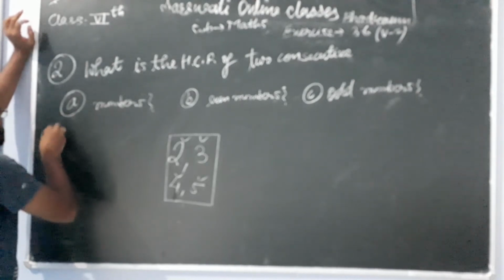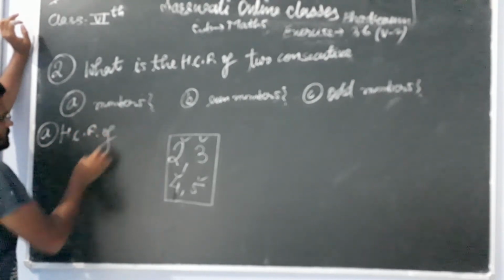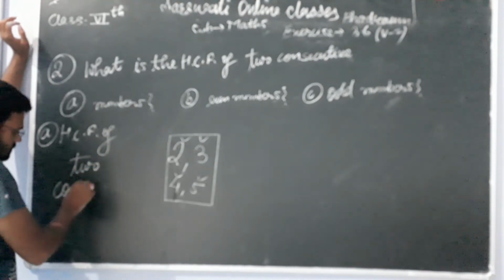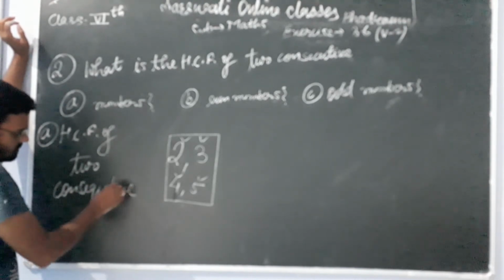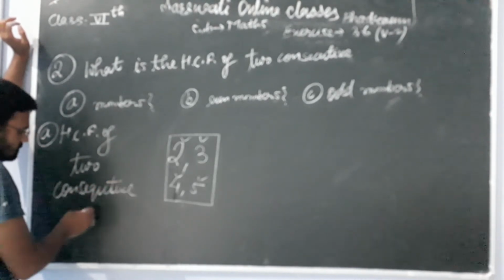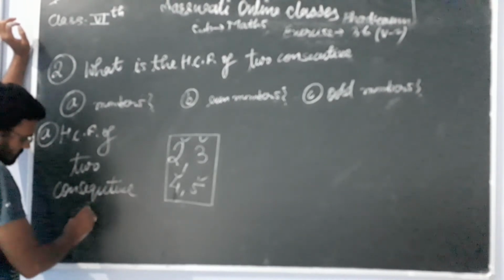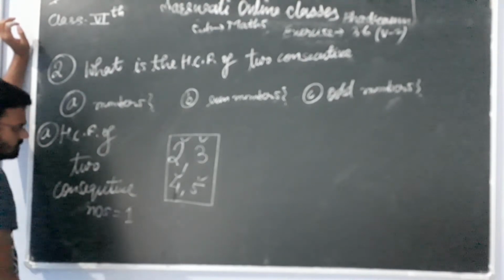Part A: HCF of two consecutive numbers is always equal to 1.